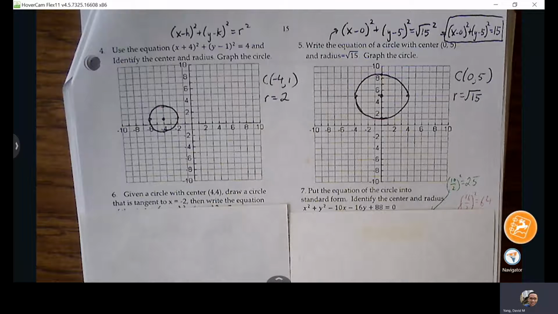So square root of 15 is close to square root of 16. You know square root of 16 is 4. So it's going to be a little bit less than 4, like 3.9.